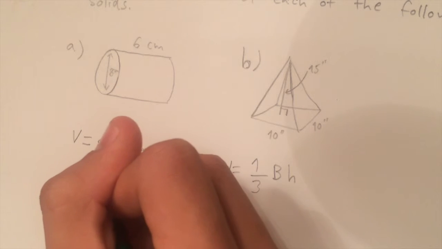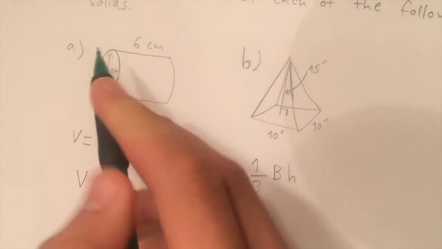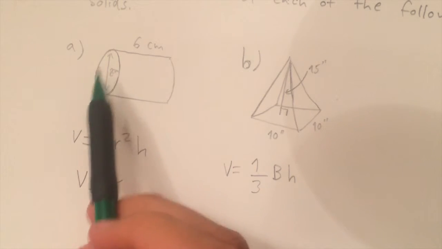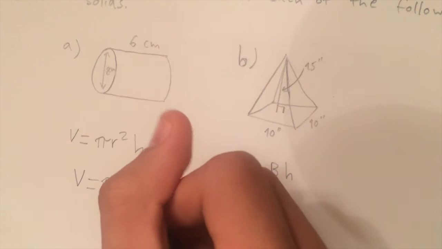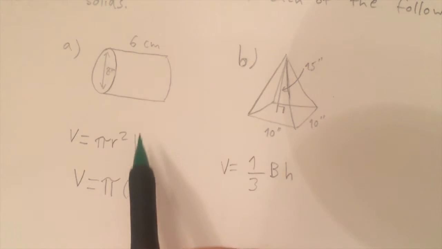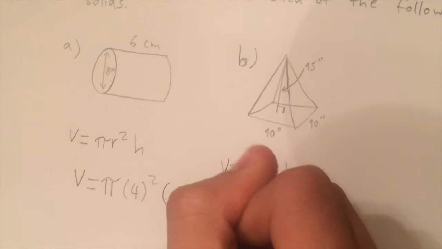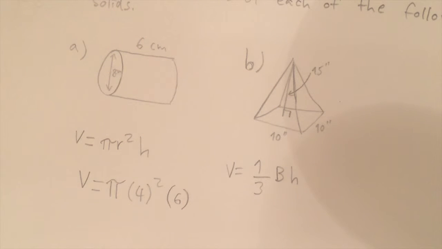The volume equals pi times the radius, which is 4, half the diameter of 8. So 4 squared, because it's r squared, times the height, which is 6 centimeters. When you square the 4 and multiply it by 6, that comes out to 16 times 6, which is 96.